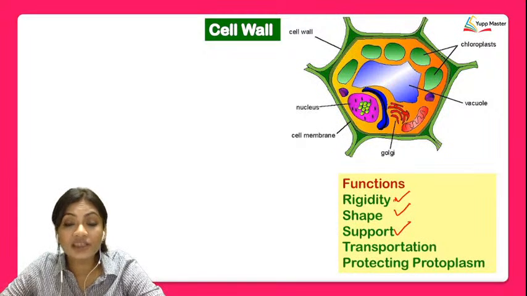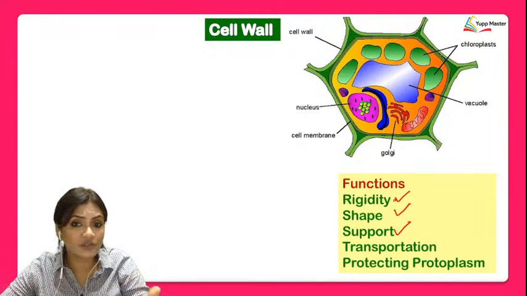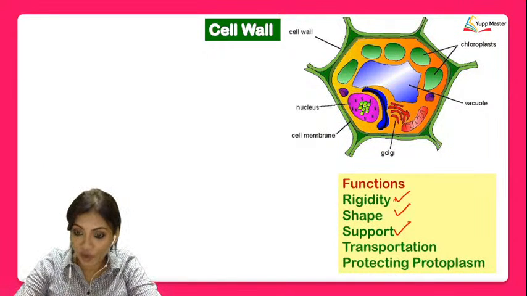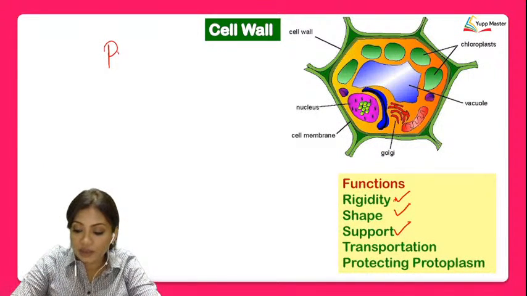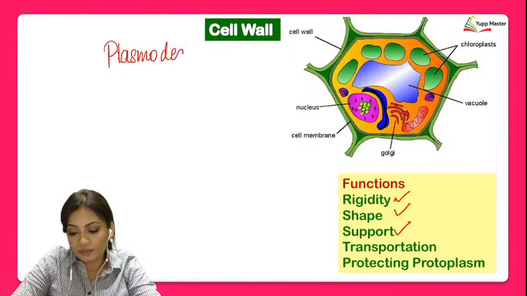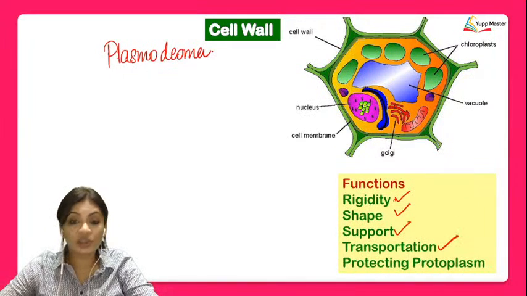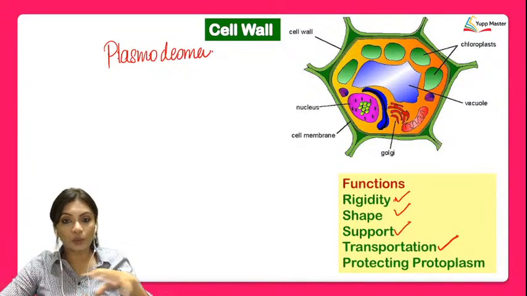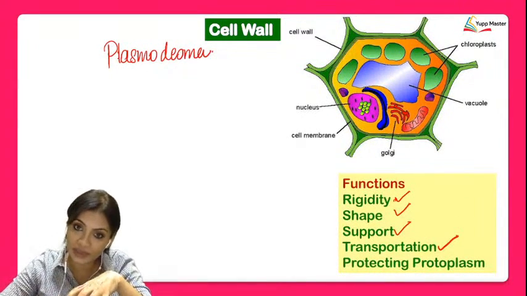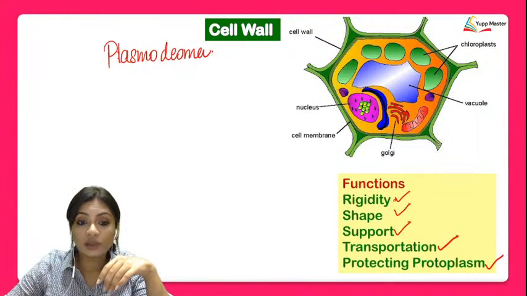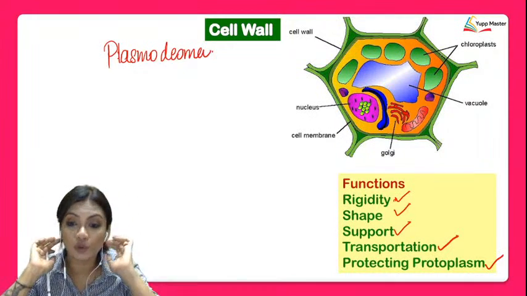It also helps in transportation of certain substances from one cell to another. What was that word where the bridge was formed? We called it the plasmodesma. So it helps in transportation, and also, whatever constituents are inner to it, it is protecting them. So we can say it also does the work of protecting the protoplasm.